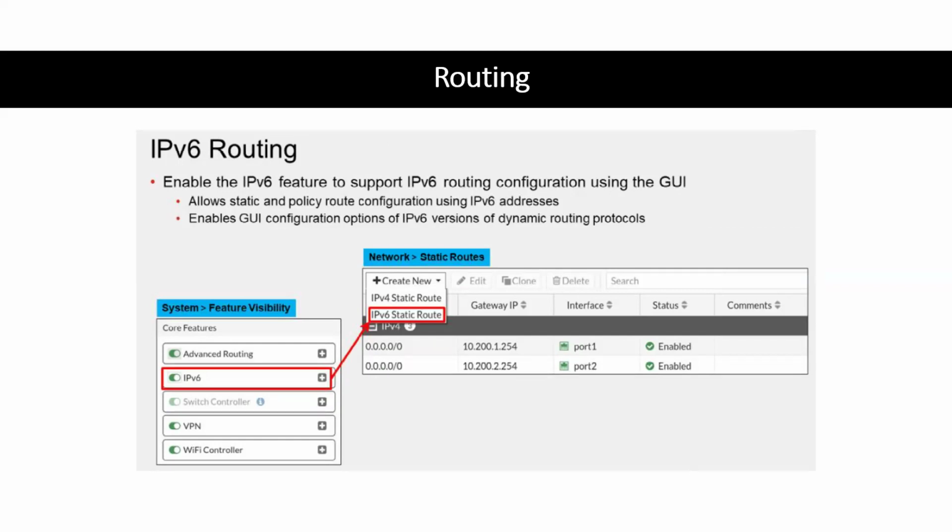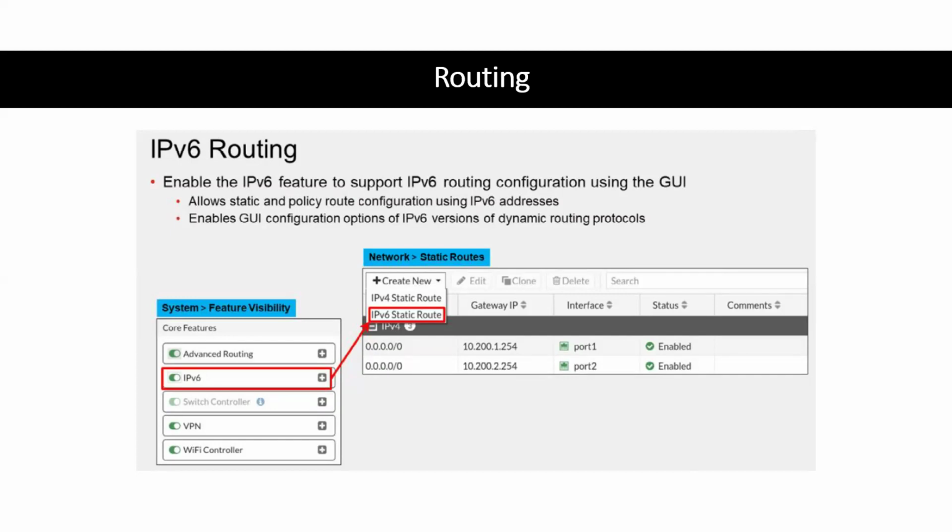My least favorite topic, IPv6. We're only going to discuss what was covered. To enable routing for IPv6, you can use the GUI, enable IPv6, and configure a static route. But before you do that, you need to go to System and then Feature Visibility to enable it.